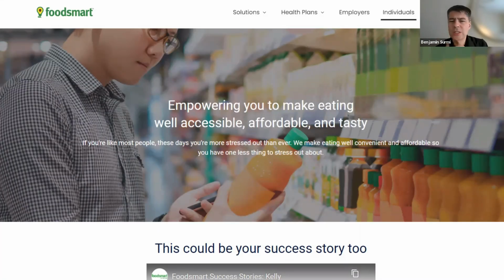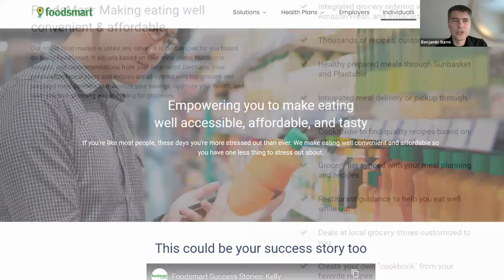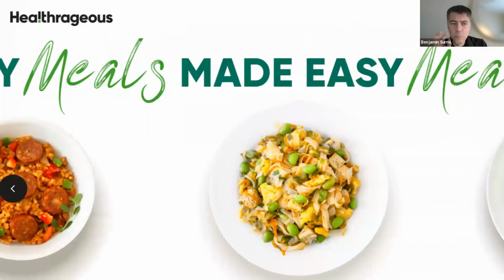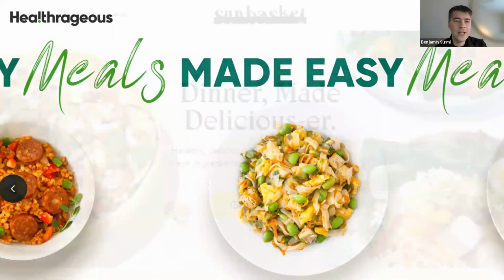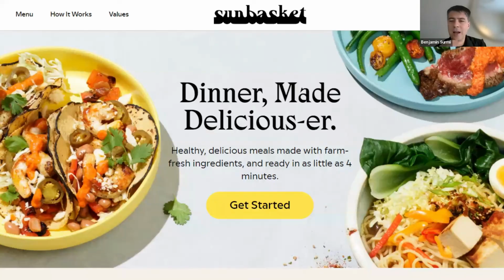Companies like Food Smart, a lot of interesting new companies coming out, are making it easier for elders to get ready-made meals, right? A big part of a lot of families' concern for their elders is making sure that they eat. And so it's bringing food over, it's making food, it's ordering food, all that kind of stuff. There's so many tools now like Healthrageous, Sunbasket, and others that you just order online, have it delivered, right?